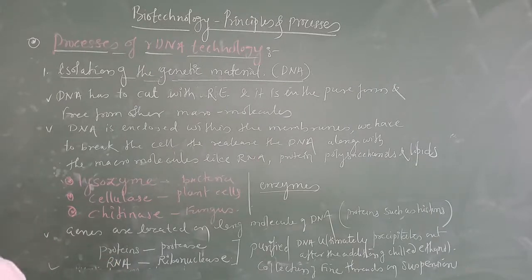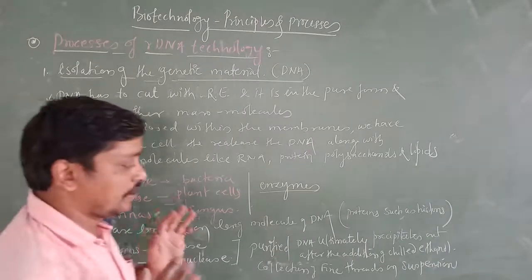Second is fragmentation of DNA by restriction endonuclease. Then isolation of desired DNA fragments, ligation of DNA fragments into vector, transforming the recombinant DNA into the host, culturing the host cells in the medium at a large scale, and extraction of the desired product.